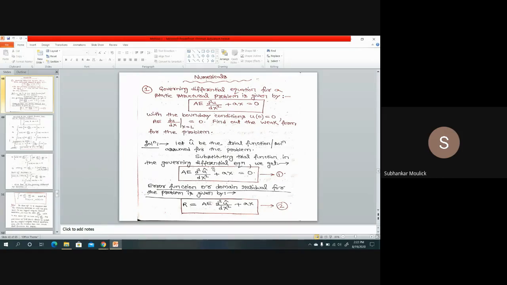Then this particular expression, A into E d2 u cap over dx square plus ax, is my residual or error function. That is, the domain residual is given by A into E d2 u cap over dx square plus ax, equation number 2. Is it clear? Any doubt in this residual? Okay, let us move forward.